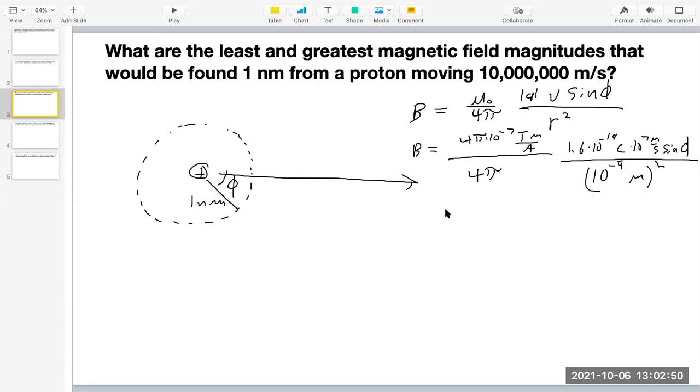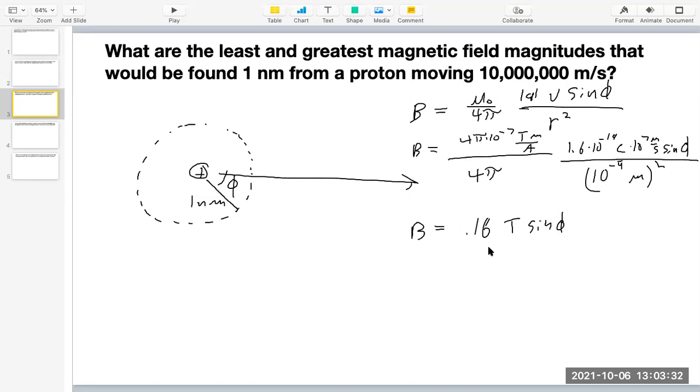So a whole lot cancels out, but we end up with 0.16 Tesla times the sine of that angle.